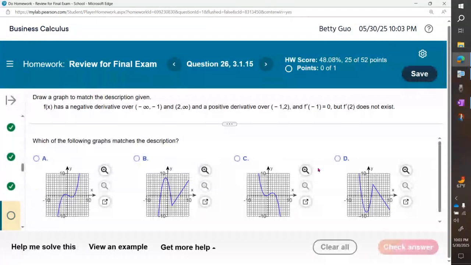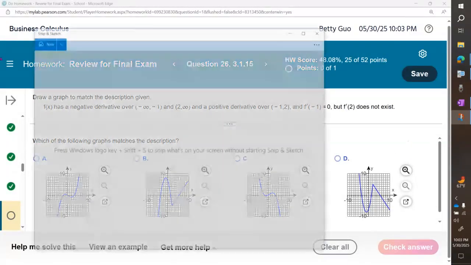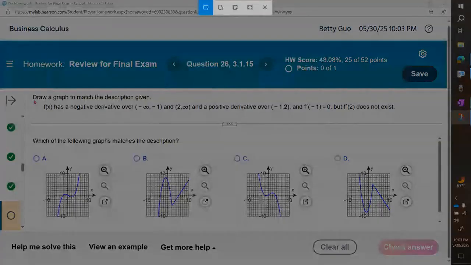Question 26. Draw a graph to match the description given. f of x has a negative derivative over negative infinity to negative 1 and 2 to infinity, and a positive derivative over negative 1 to 2. Okay, so I'm going to copy paste this part.